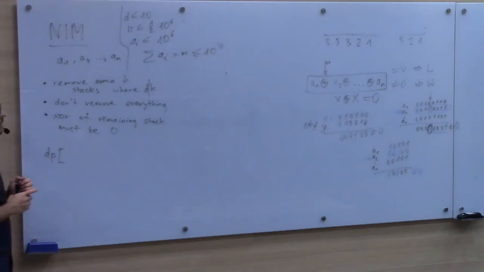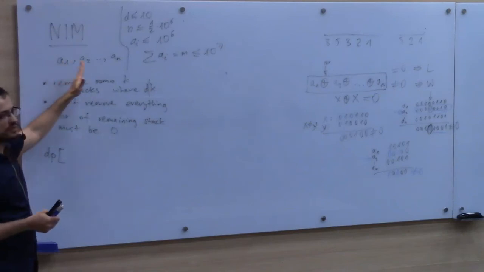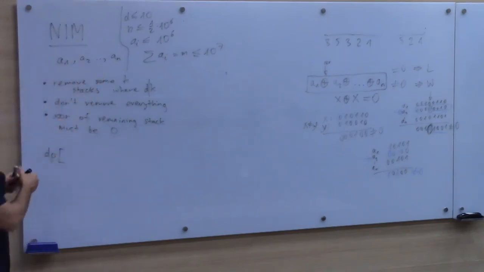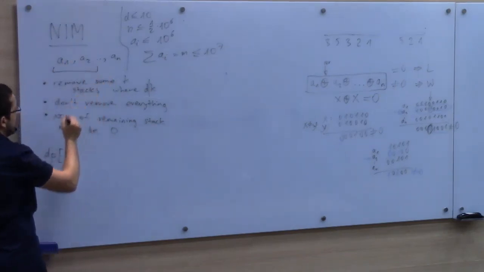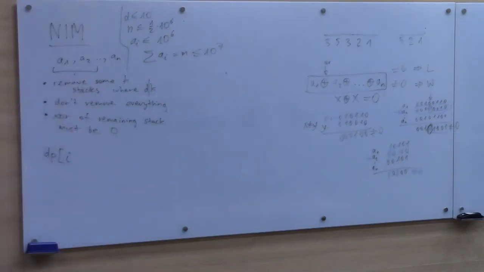As a standard thing here, like in the knapsack, where we were considering items one by one, we can consider the stacks one by one. So let's say that we consider stacks from 1 to i, and this means that we chose some of these stacks to be removed, and in DP we will calculate how many ways we can do this.